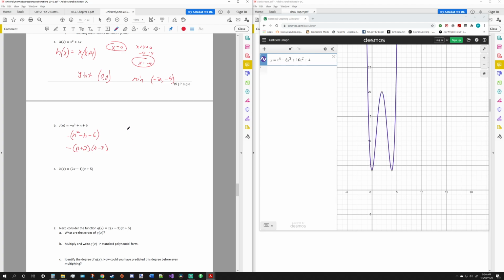And so our roots are -2 and +3. Opposite signs on the roots. So there's our x-intercepts. Our y-intercept is 6 from standard form. Our min or max, this one will have a max. And go ahead and calculate that on your calculator. I'm gonna figure out what that is.